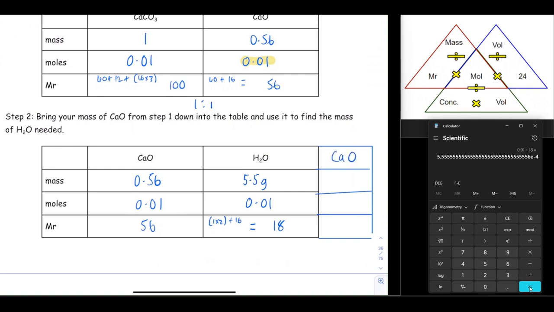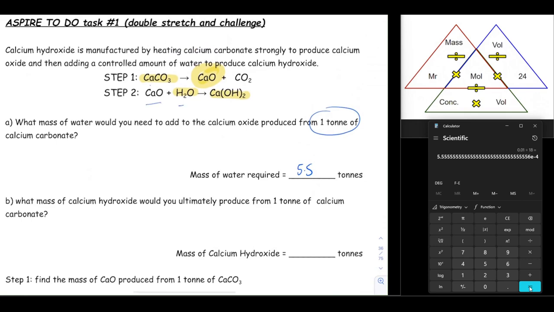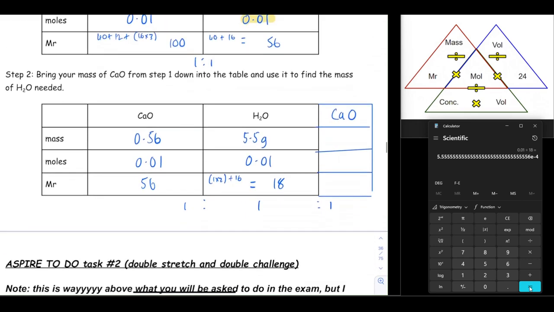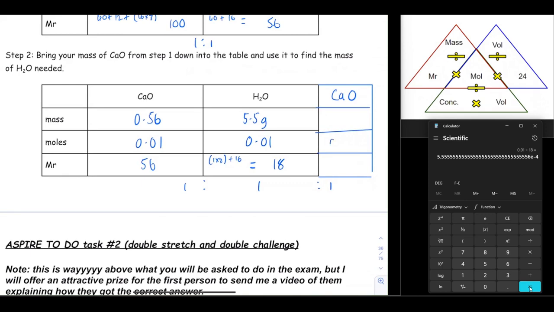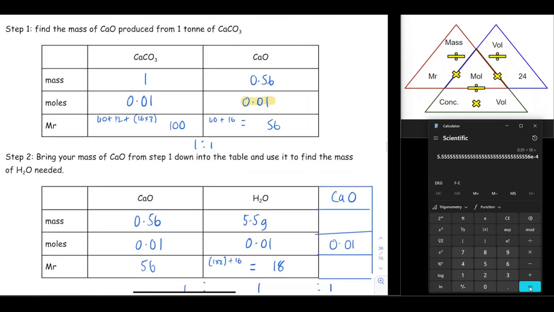Well, if we've got 0.01 moles of calcium oxide, 0.01 moles of water, we've got a 1-to-1-to-1 ratio. We know that because we look at this, 1-to-1-to-1. No big numbers to be seen anywhere. So that gives us 0.01 moles of that, our calcium hydroxide.